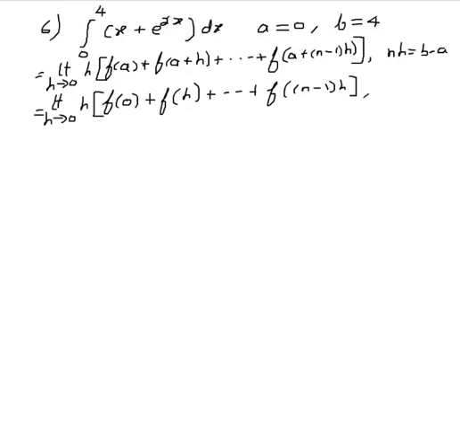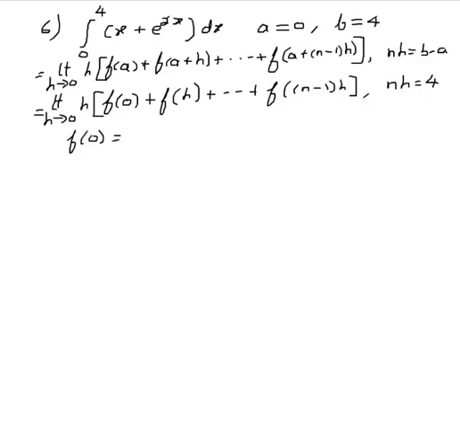Don't carry out the calculations with a and b. Substitute the value of a. If the lower limit is 0, the expressions are easy to calculate, where nh is equal to 4 minus 0, which is 4.